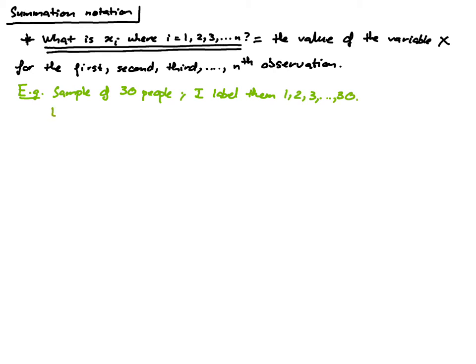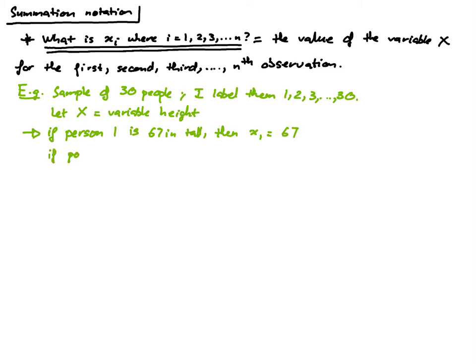Let x be the variable height. Then if the person I label 1, so if person 1 is 67 inches tall, then x sub 1 is equal to 67.